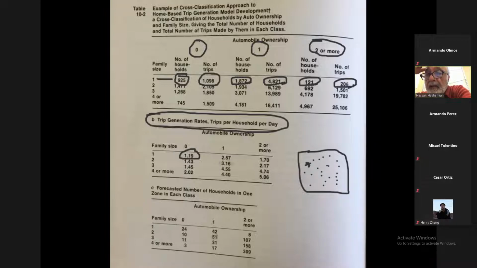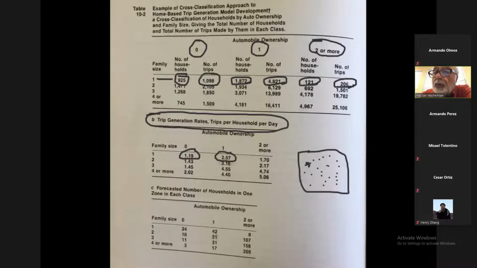Now you have to tell me this. If you look at the data, it shows that if you have no car and if you are one person, on the average, you make 1.19 trips. If you have a car, which is one, you make 2.5 trips per day, almost 2.57.